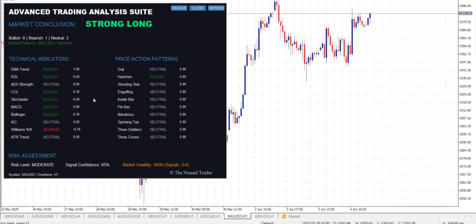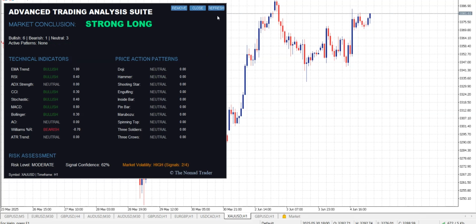It is all correlating with all the scores of the different indicators and price action patterns, basically different conditions, and it is all weighted as well.